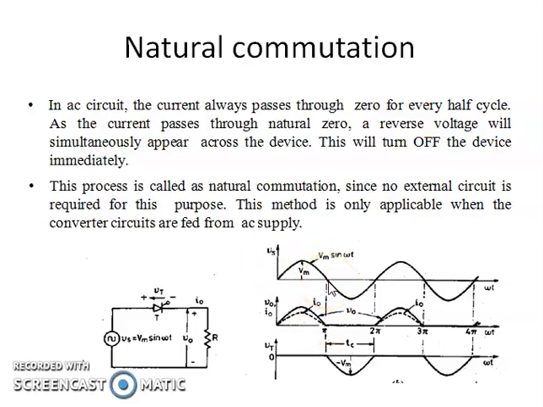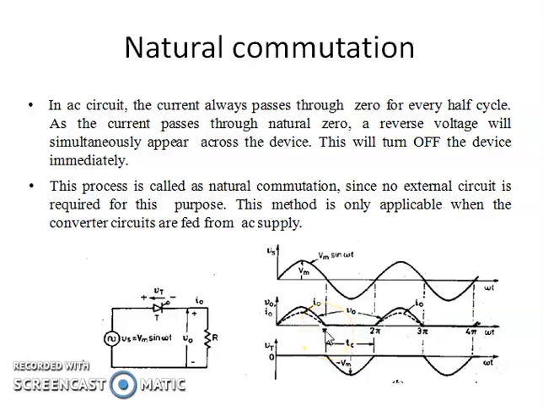At omega t equal to pi instant, the input voltage is equal to 0. After omega t equal to pi, there is a negative input voltage coming across the thyristor. Due to this negative voltage, the thyristor goes to its blocking state, and the current flowing through the thyristor is also equal to 0 at omega t equal to pi.